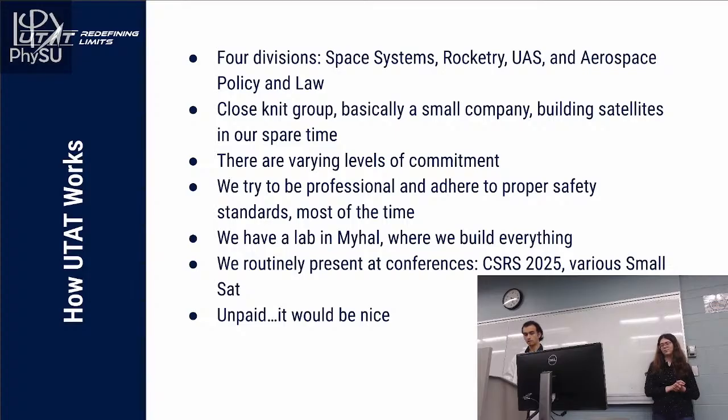And UAS does much the same, though with unmanned aerial vehicles. And aerospace policy and law largely focuses on the more theoretical aspect of what the legal implications of aerospace work are.